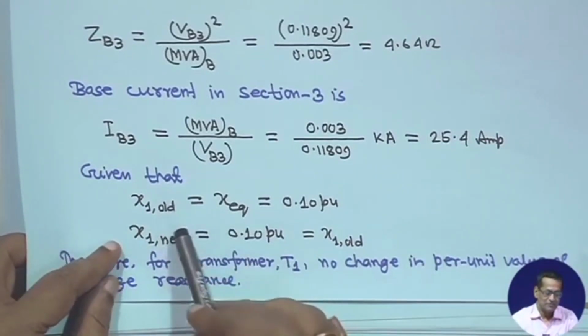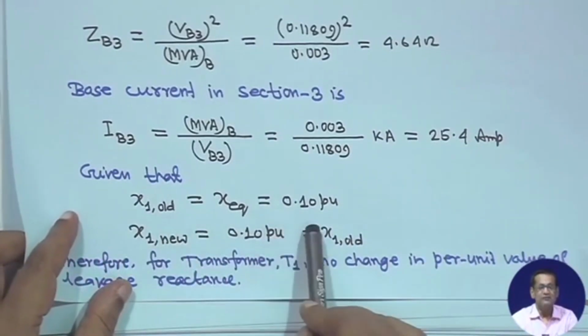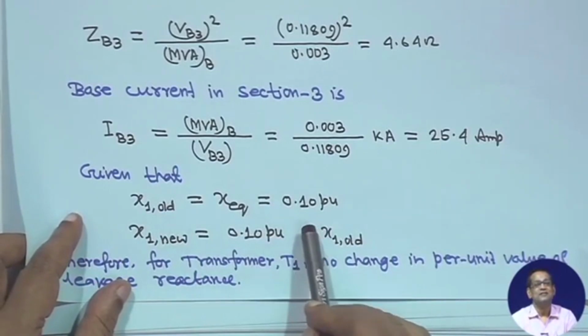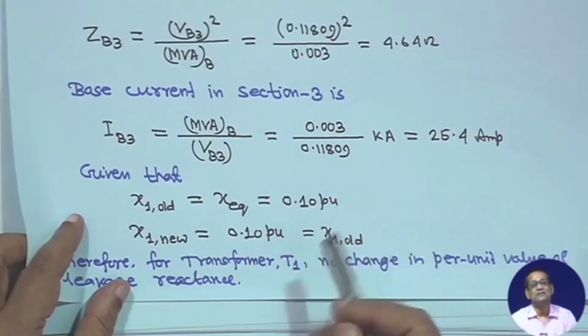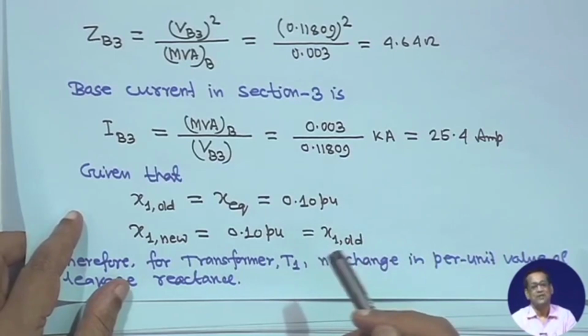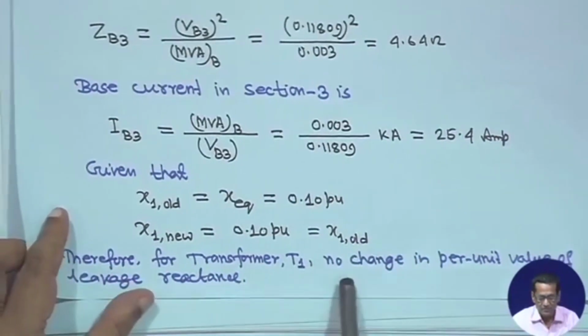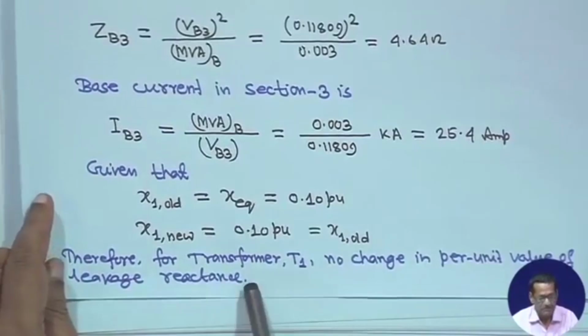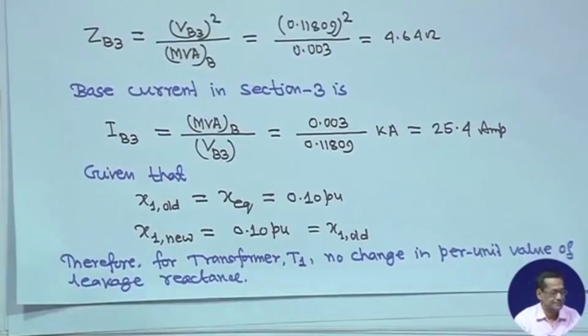So, for transformer T1 this will not change, it will remain as it is, because the transformer rating itself has been taken as the base, both the voltage as well as the volt ampere. Therefore, for transformer T1 there is no change in the per unit value of leakage reactance.